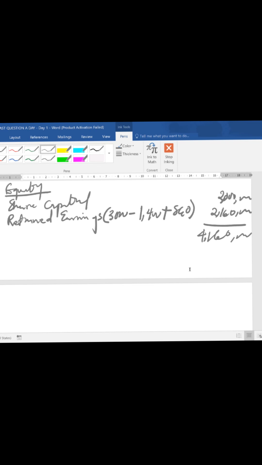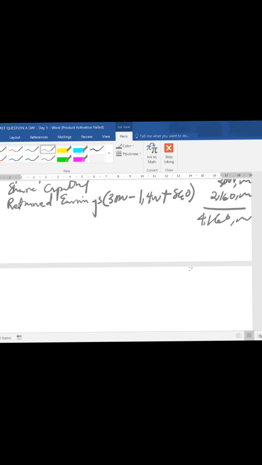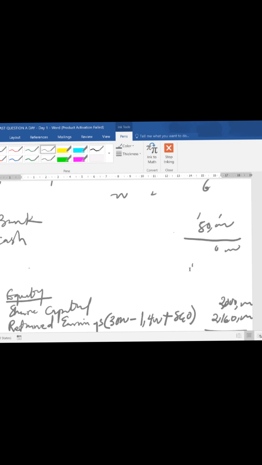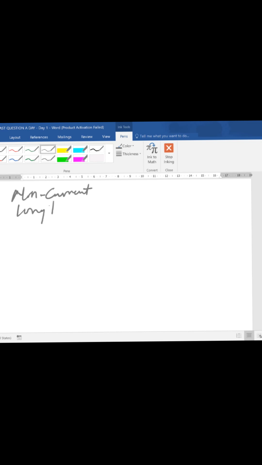So we move on to our liabilities. Okay. So for our liabilities, our non-current liability or our long-term liability, we have some long-term debt or long-term loan, which is 950.